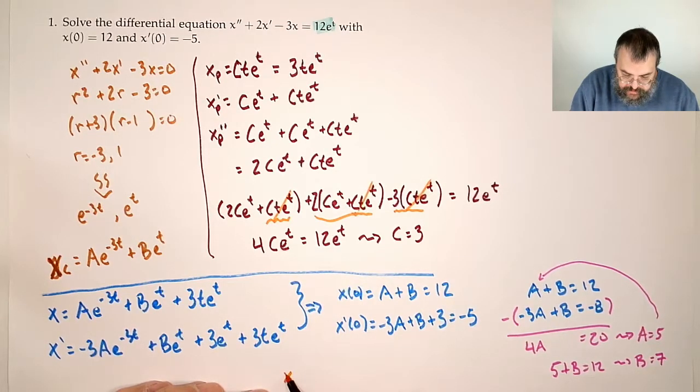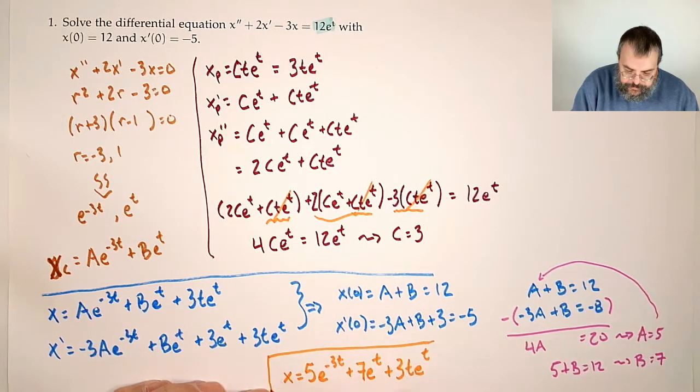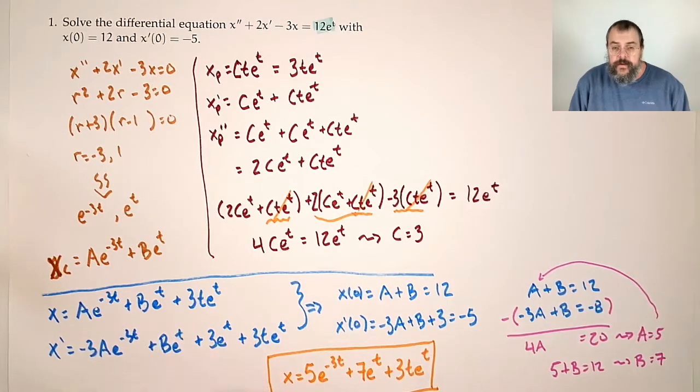So we can say x has the form of 5e to the minus 3t plus 7 e to the t plus 3t e to the t. And that's it. We're done. Wow. Great.